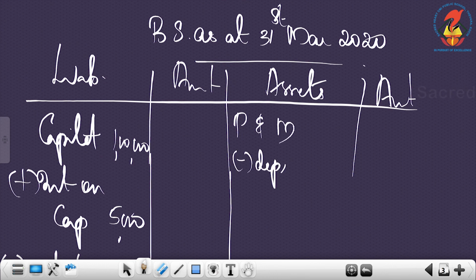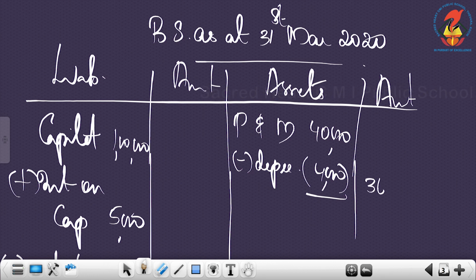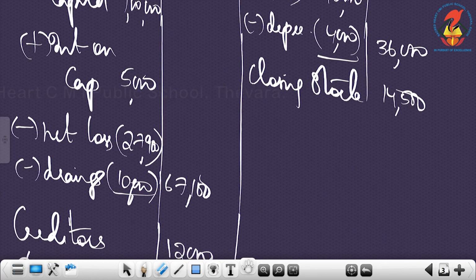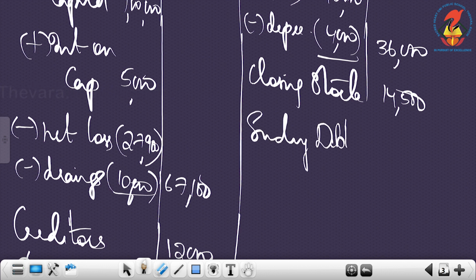Now, on the asset side we have plant and machinery, and it is having an adjustment. So, we will write less depreciation. Plant and machinery is 40,000. Since here the prefix is by, no need to do anything, directly take that value 4,000 and deduct it. We do not have any other fixed assets. Next we will write closing stock, take from adjustment, that is 14,500. Then we have debtors 24,000, sundry debtors we have 24,000.